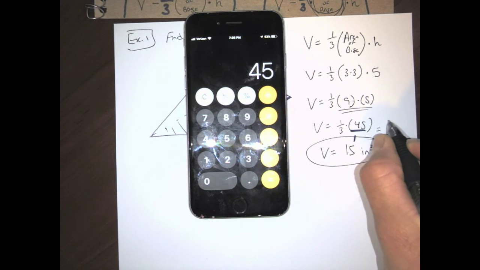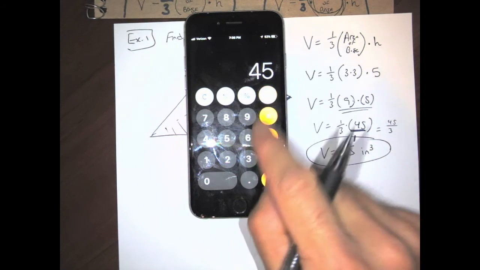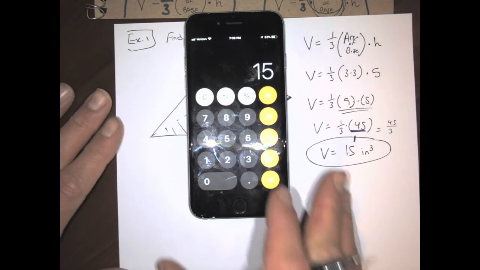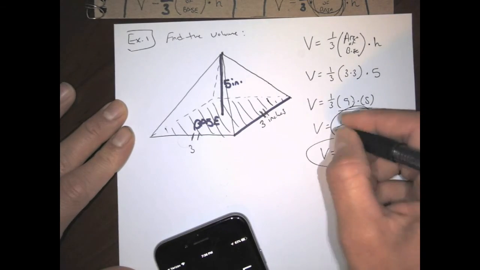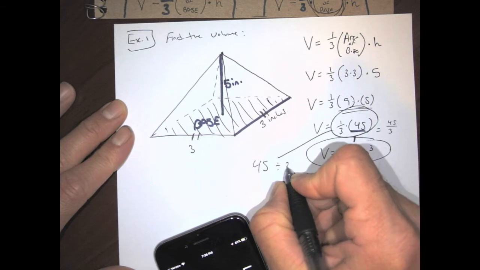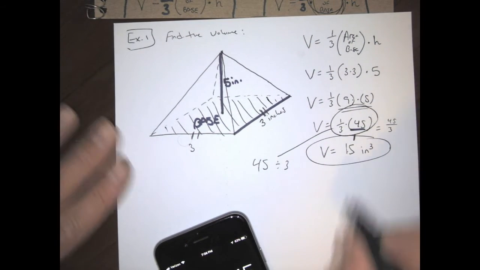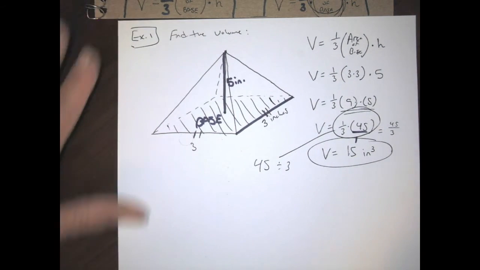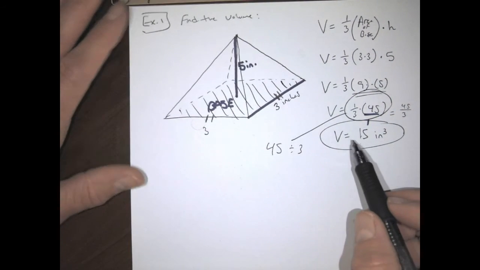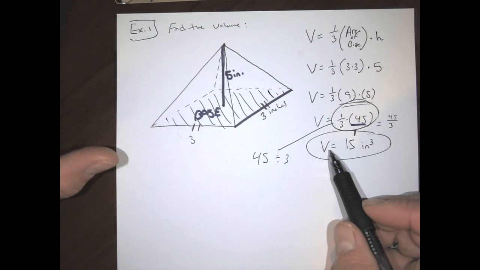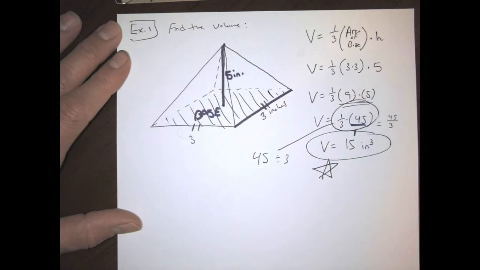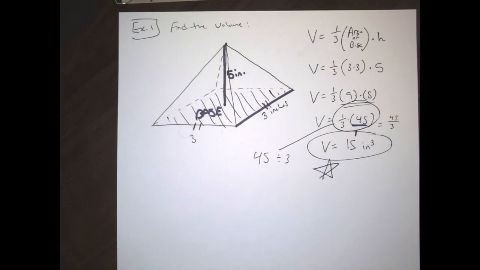If you multiply those together, it's 45 over 3. You're really just dividing it by 3, folks. That's all you're doing. Or just take this and do 45 divided by 3. That's the exact same thing. You're going to get the 15 inches cubed. I'm sure most of you know that. If there were 4 of you out of my 83 students that didn't know that, hey, that's a job well done. All right.